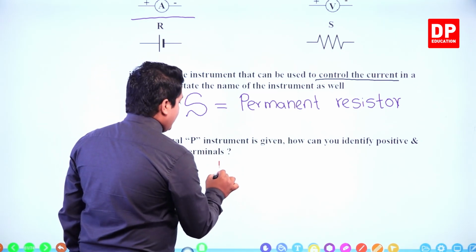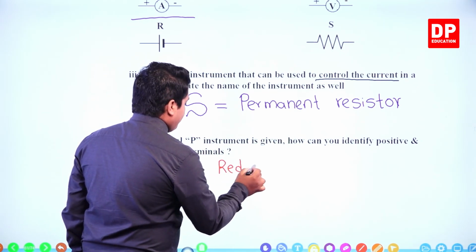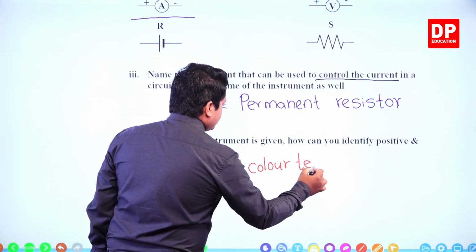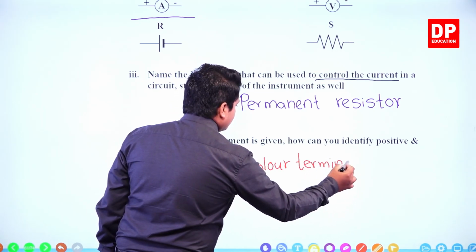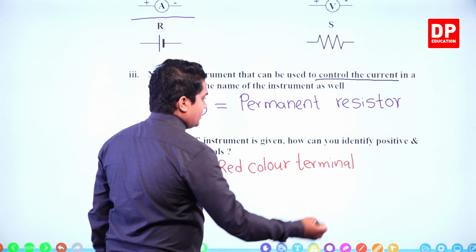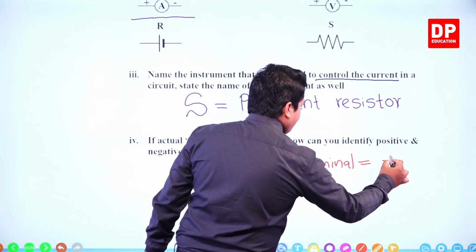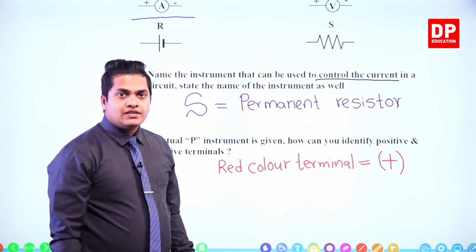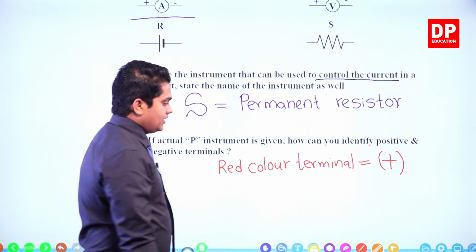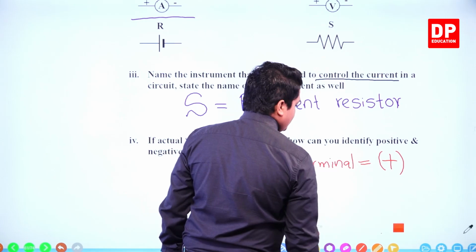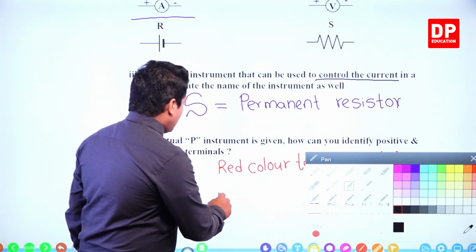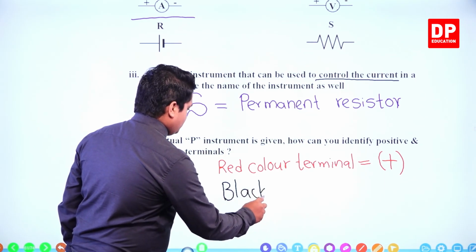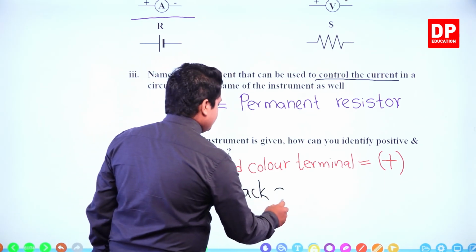The red color terminal is the positive terminal. Then the other one, the black color terminal.